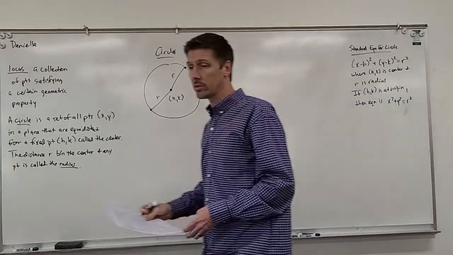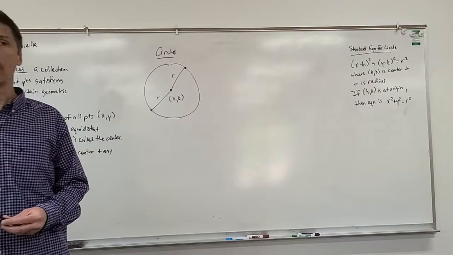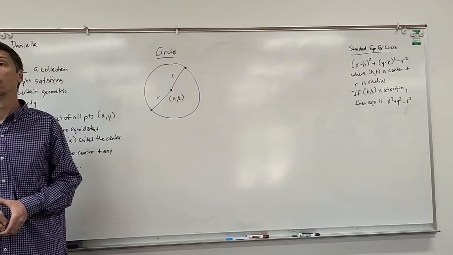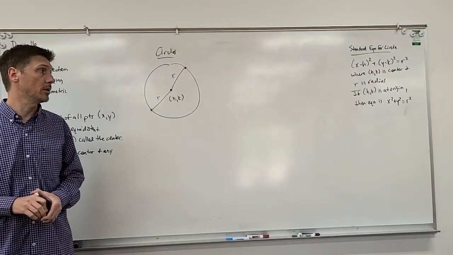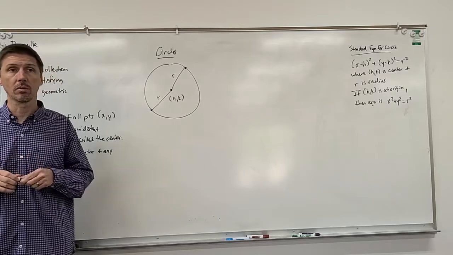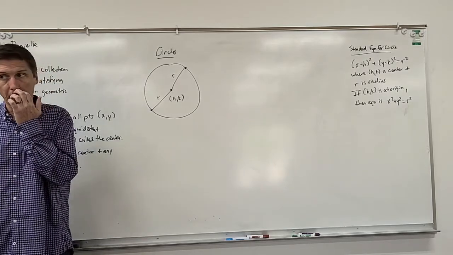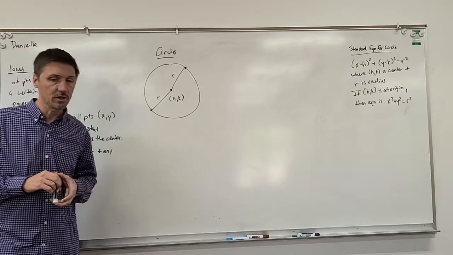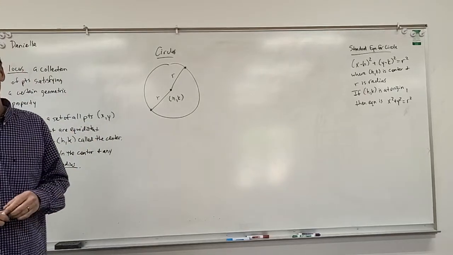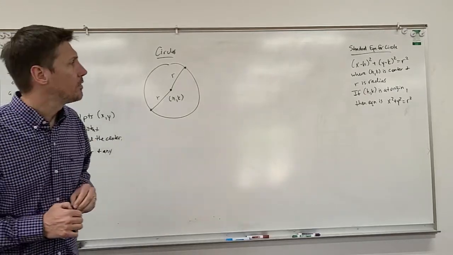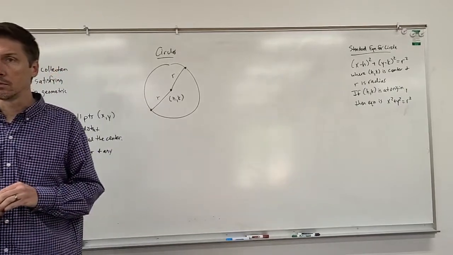When we say it's at the origin, what do we mean? If h, k is at the origin, what point is that? That's 0, 0. We're just saying if h is 0 and k is 0, then that would be the formula.